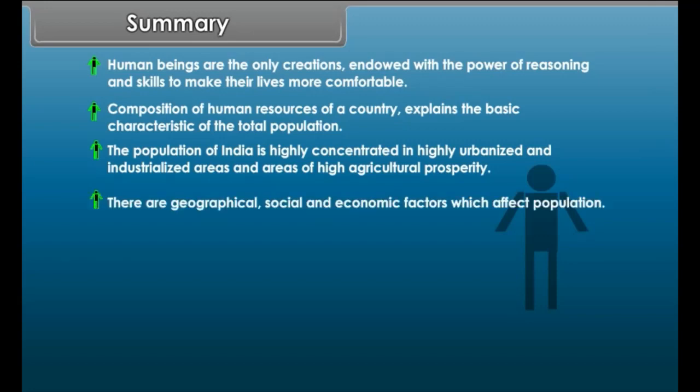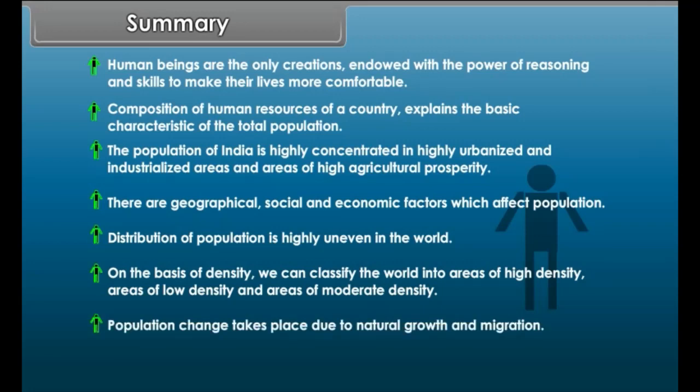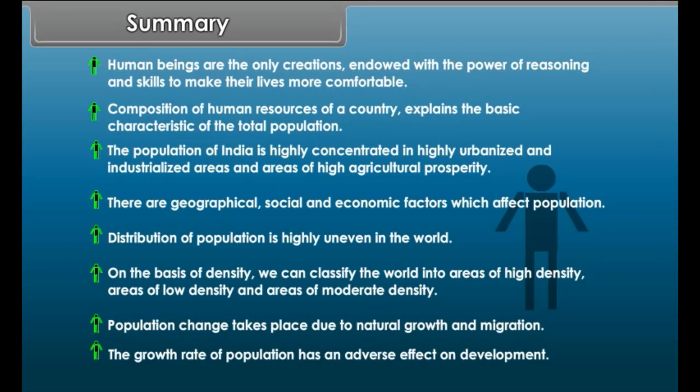There are geographical, social and economic factors which affect population. Distribution of population is highly uneven in the world. On the basis of density, we can classify the world into areas of high density, areas of low density, and areas of moderate density. Population change takes place due to natural growth and migration. The growth rate of population has an adverse effect on development.